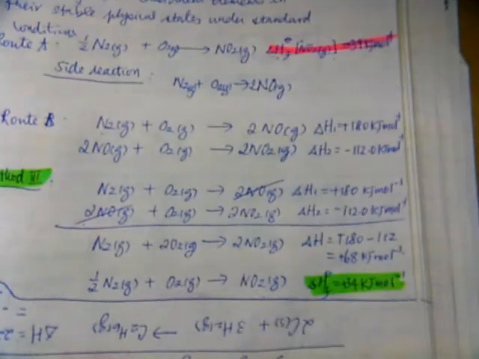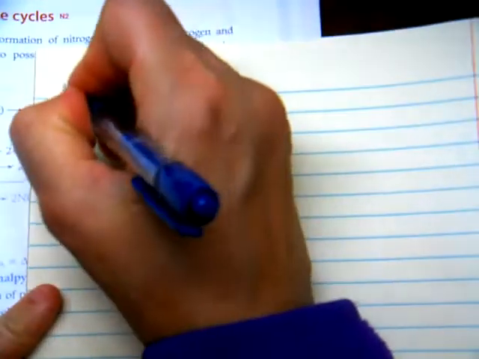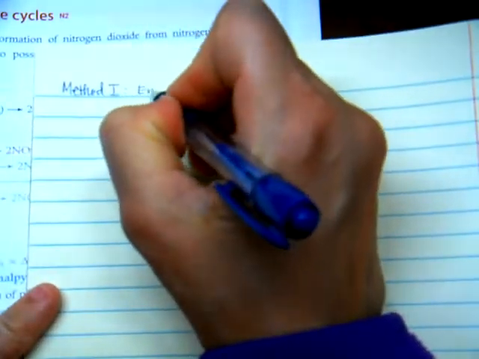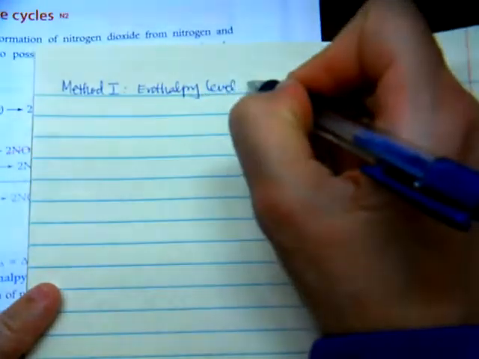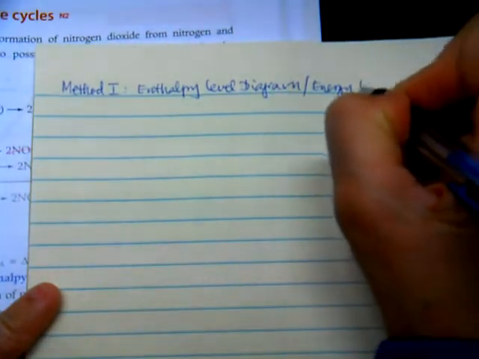This is the third approach, sorry, the third. Now I will relate them by using the first method first, that means by drawing an enthalpy level diagram, or energy level diagram.